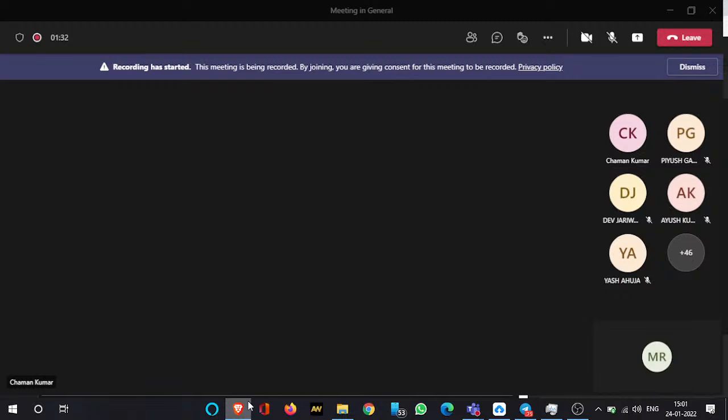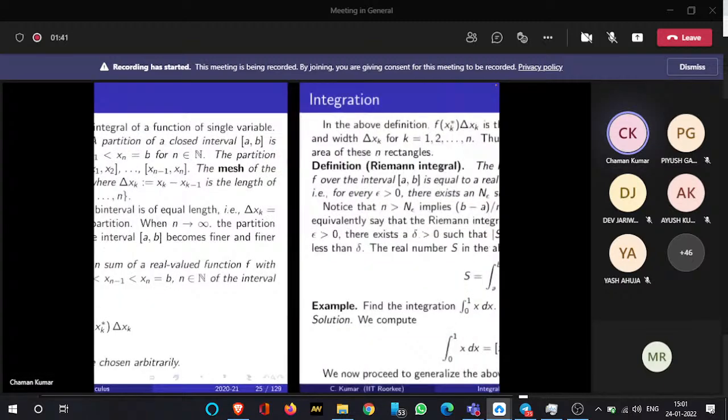Okay, so now we go for integration. So, a couple of basic notions that you have to understand here, and this is only to... the course is not a course on analysis, right?